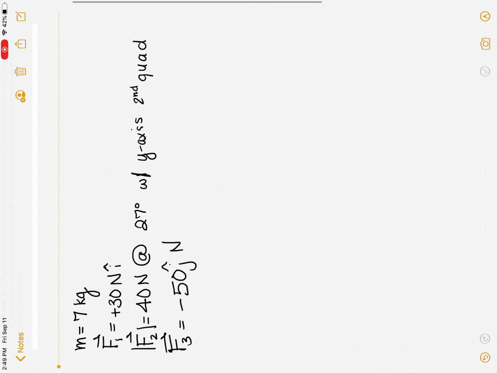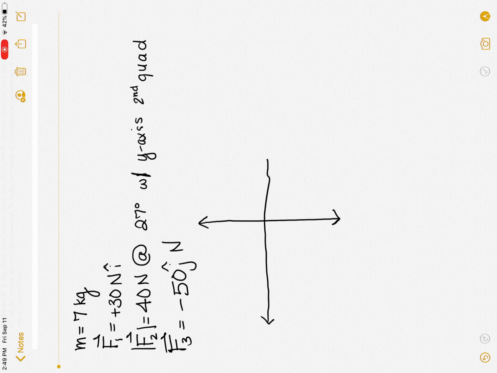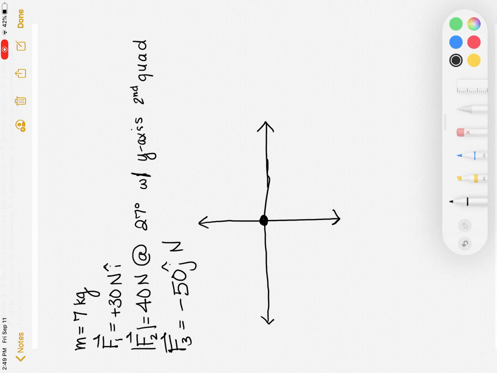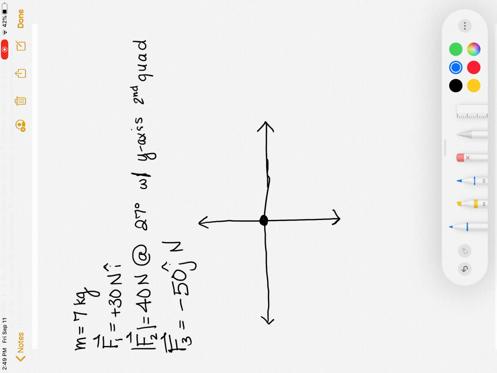So now let's just draw a quick diagram so this way we can see how the forces balance. So right at the center, we're going to put our mass, M, and then we're going to start drawing our forces. So first we have positive 30 newtons.